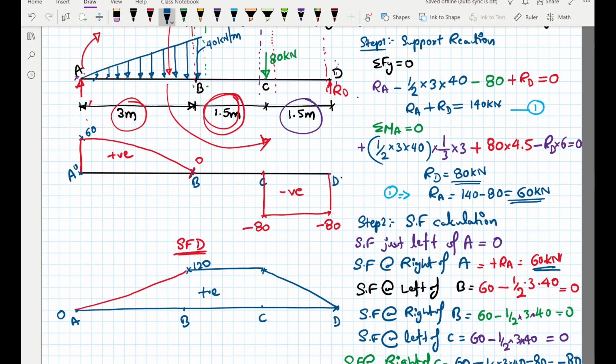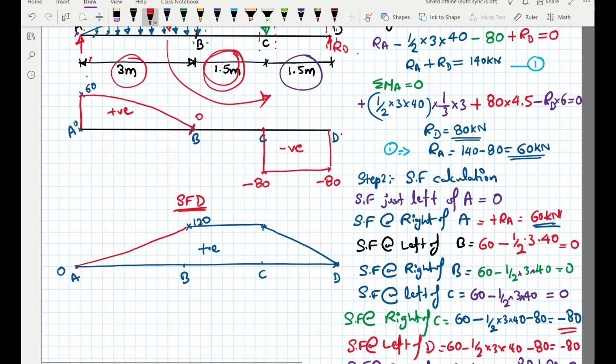So positive values, then this is the bending moment diagram. So this slope is cubic parabola, this is parabola. Since it was in ax cube format, that is cubic parabola, ax square is the parabola.